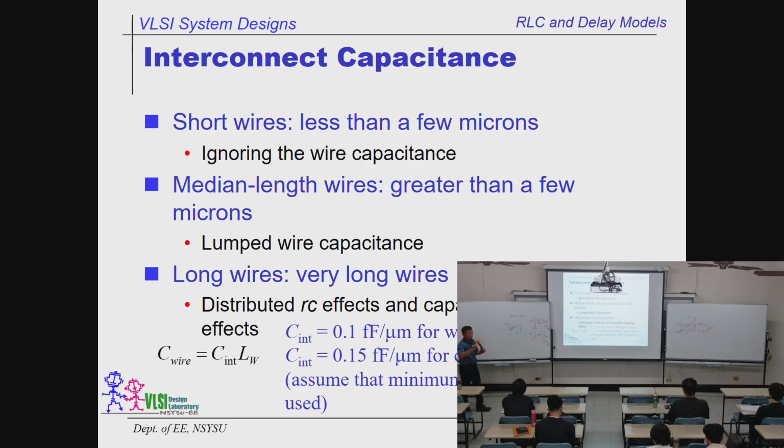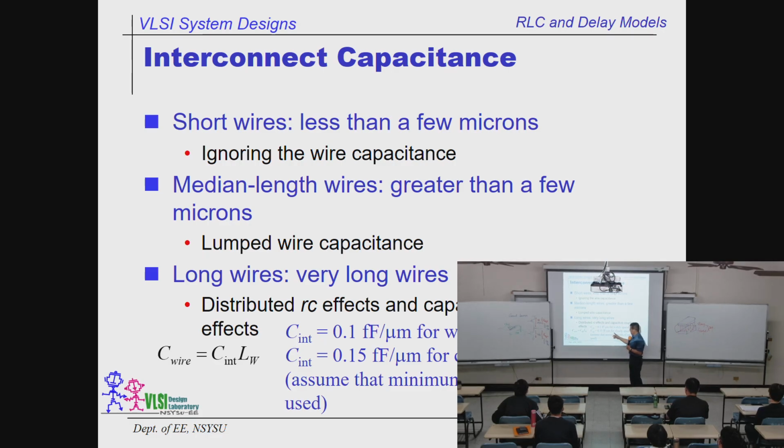Interconnect, the wire load, the wire capacitance. If it's a short wire, that means it's only a few microns, so you can ignore that. But however, if the wire is very, very long, larger than a few microns, you got to follow this lumped wire capacitance analysis. This one can be found in your sophomore year textbook as well. So, as we said before, if they are widely spaced wires, you can use 0.1 femtofarad per micrometer.